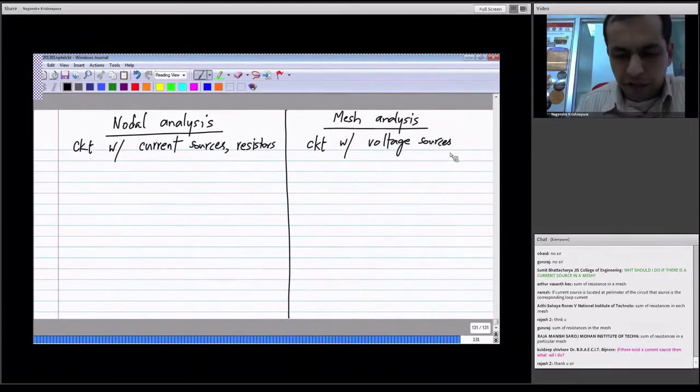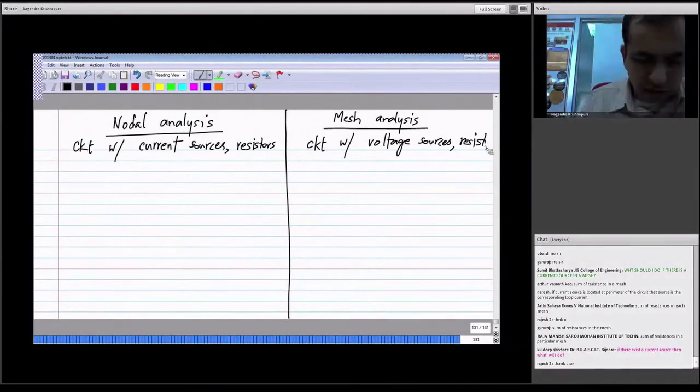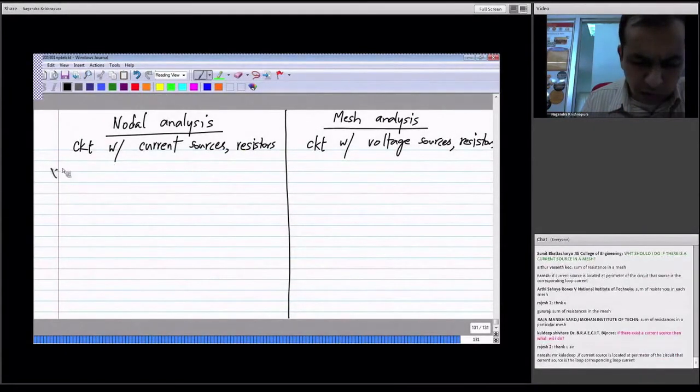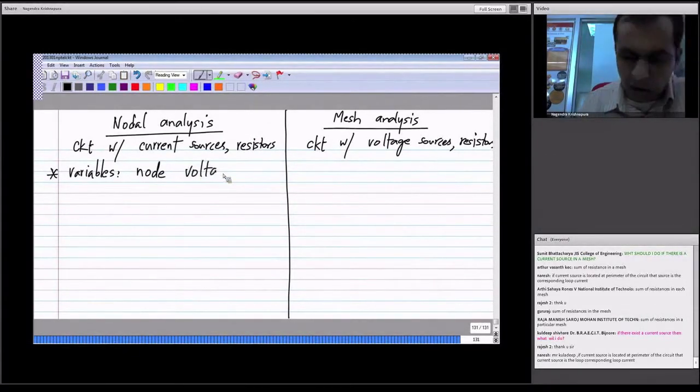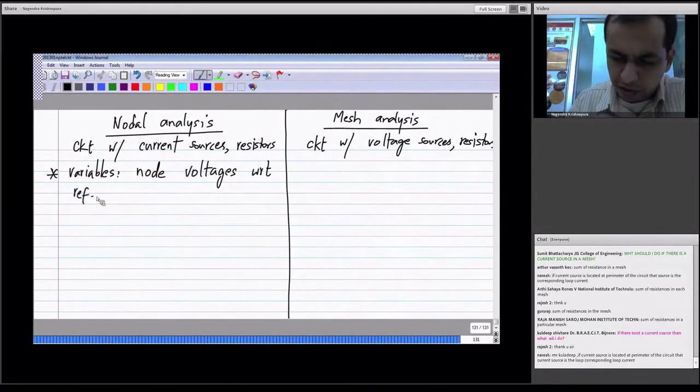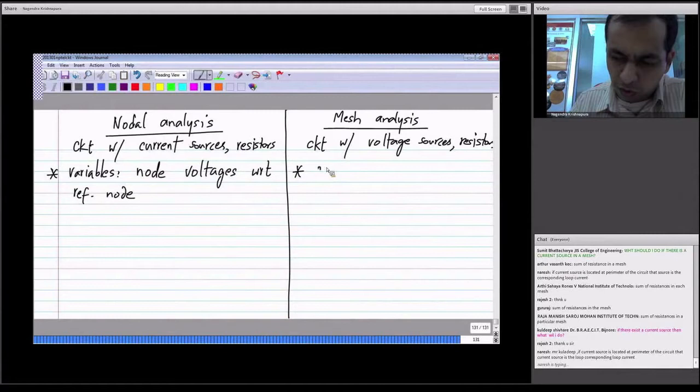Now in case of nodal analysis, the variables are node voltages with respect to reference node, and in case of mesh analysis, the variables would be mesh currents in clockwise direction.